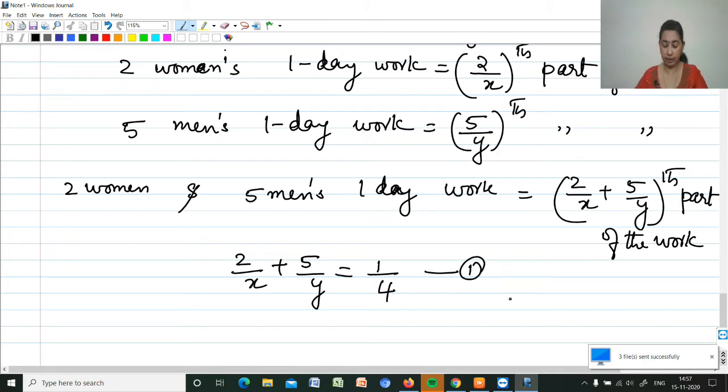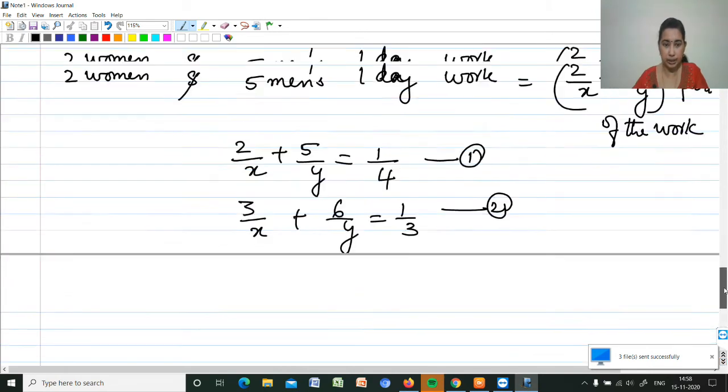Now similarly we can see that 3 women and 6 men can finish the work in 3 days. So again we can write the equation easily, that is 3 by x plus 6 by y is equal to 1 by 3. This is equation number 2. Now how to solve this and find what is x and y?